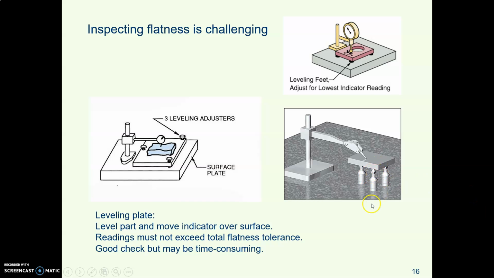So they have to have some way of figuring out how flat this surface is, not relative to anything. They might use these leveling jacks and take a bunch of trial and error readings, adjust these up and down, run the indicator over the top, see what reading they get, try it again. It's really time consuming.